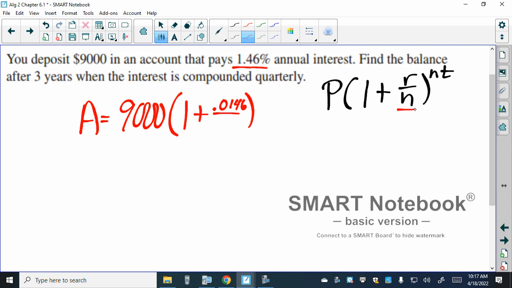So N is the number of times it's compounded. Annual. Annual means what? Every year. So it's going to be over what? 1. Annually, once every year. To the NT, so 1 times... No, sorry.